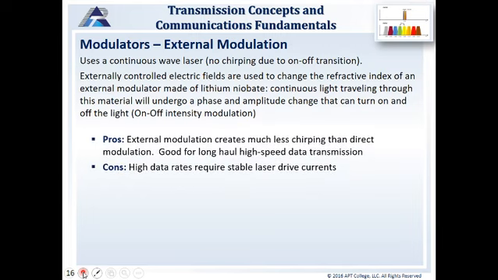So external modulation creates a lot less chirping than direct modulation, so it's going to be good for long haul and high-speed data communications. But high data rates require stable laser drive currents, and these stable laser drive currents are created by very expensive components that go into power conditioners.